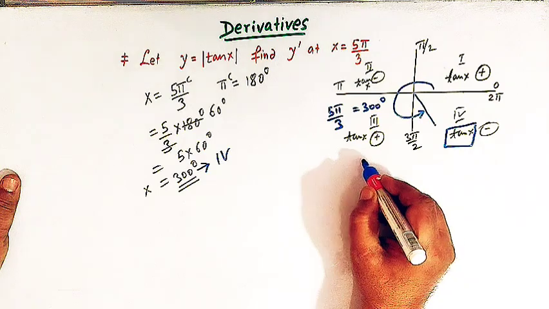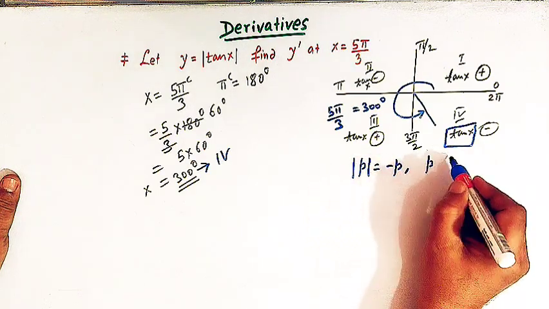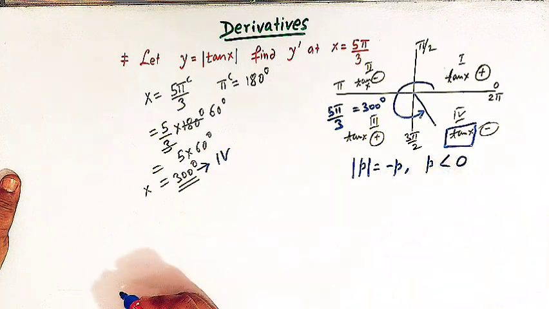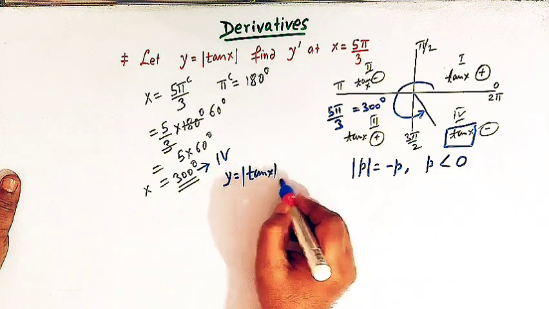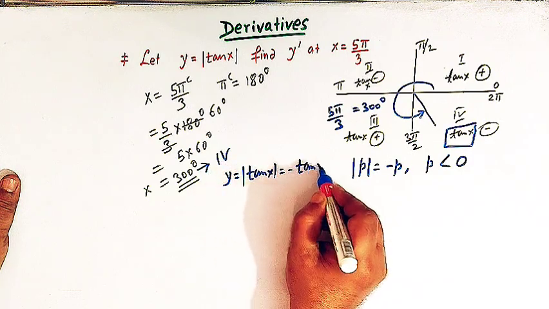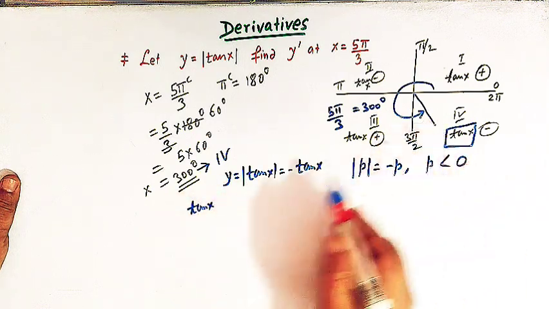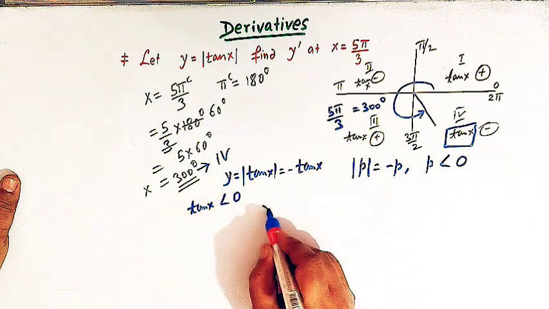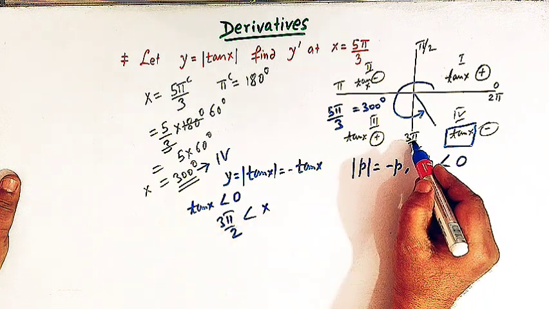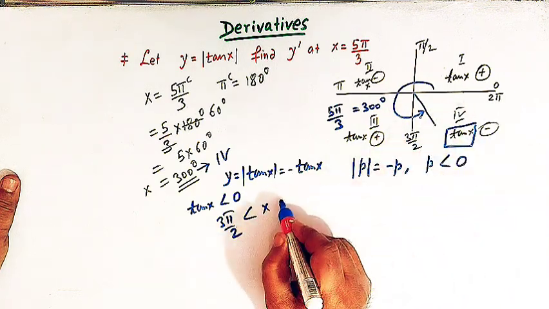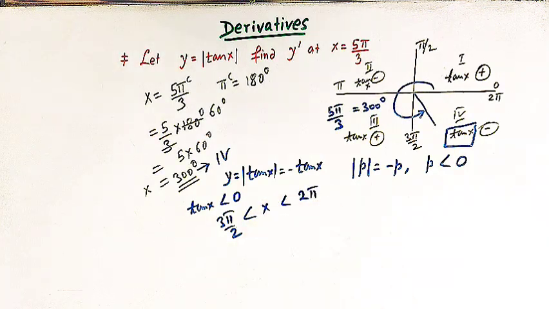From the definition of the mod function we know that mod of p is negative p whenever p is less than 0, right? So y is equal to mod of tan x is equal to negative of tan x, because the tangent function is negative, that is less than 0, when x lies in the interval 3 pi by 2, which is 270 degrees, to 2 pi, which is 360 degrees.